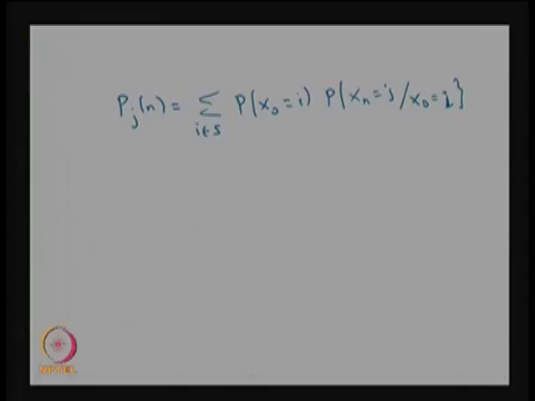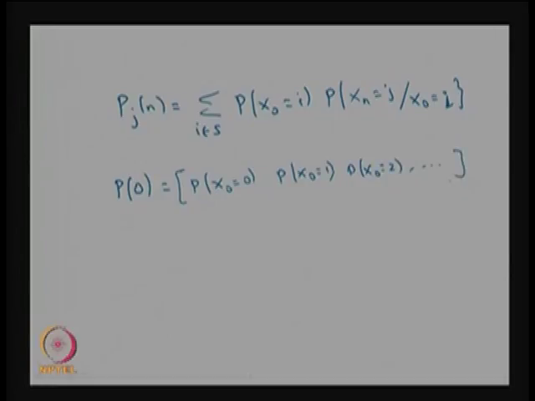The distribution of X_0 can be given as the vector p of 0. It consists of the elements: the probability that X_0 takes the value 0, the probability that X_0 takes the value 1, the probability that X_0 takes the value 2, and so on.